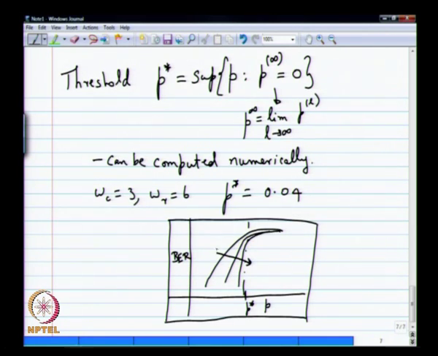You are increasing n for the same 3 comma 6. This is the picture that I showed you last time also. This is just a rough hand version without any axes, but in the last class I showed you the actual picture. This is what you expect to happen.